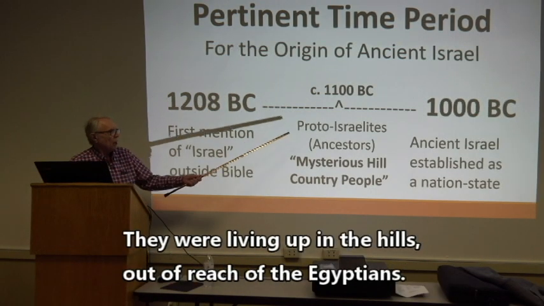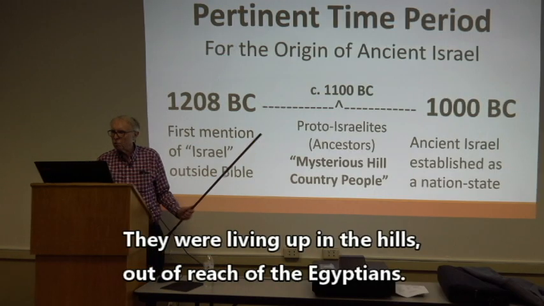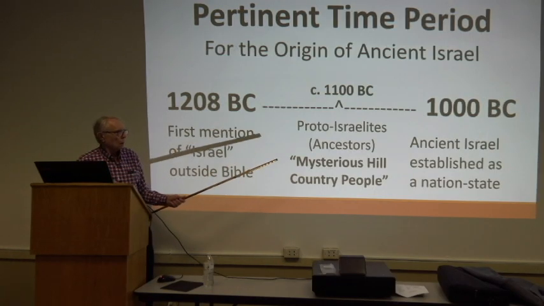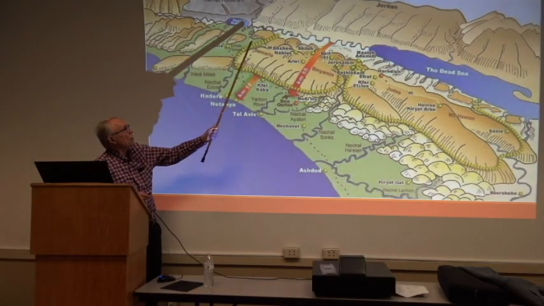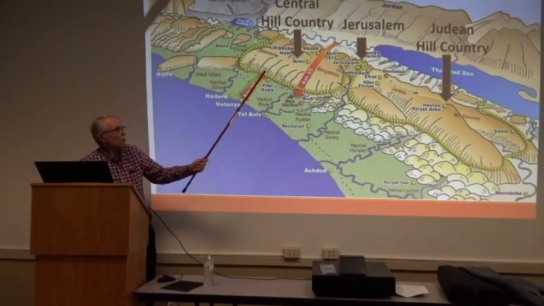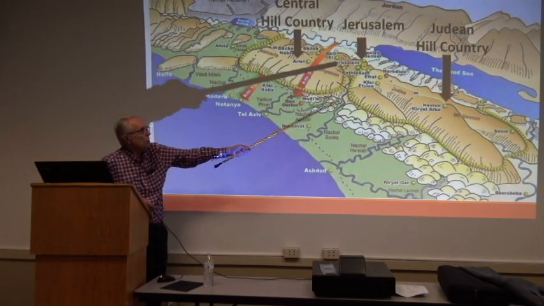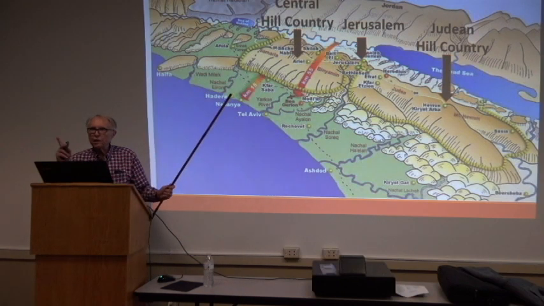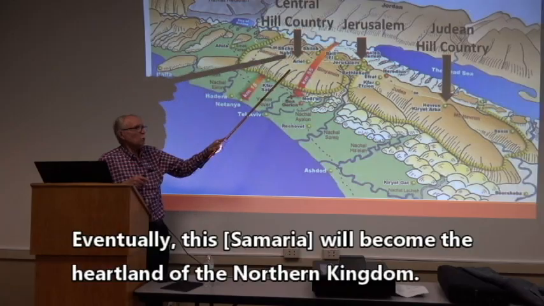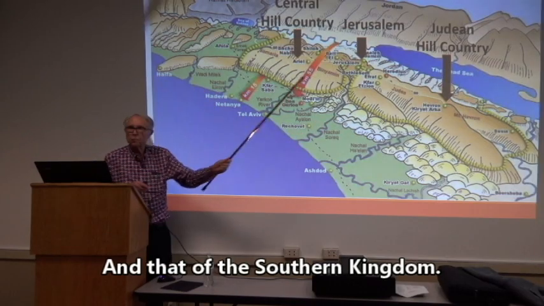They were living up in the hills, out of reach of the Egyptians. And here are the hills. That's the Central Hill Country, the Judean Hill Country, and Jerusalem. Eventually, this will become the heartland of the Northern Kingdom and that of the Southern Kingdom.